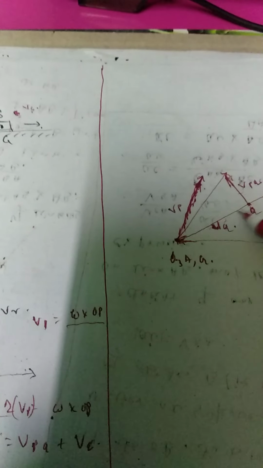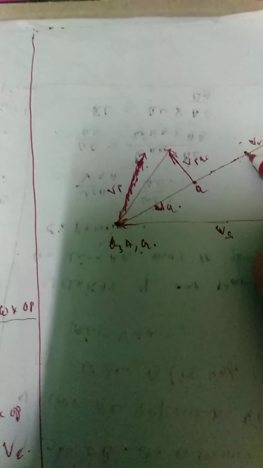This is Vpq, this is Vq, and this is Vr. We find Vq, and proportionately, considering the distance of R from point A, we can find Vr. Suppose Vr will be over here.